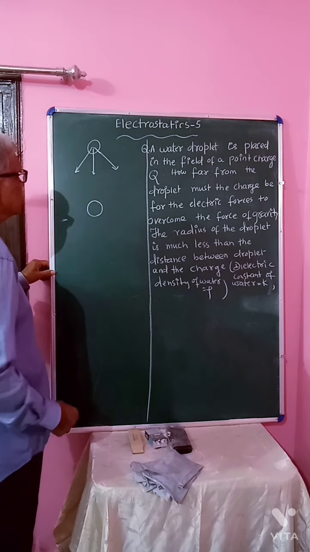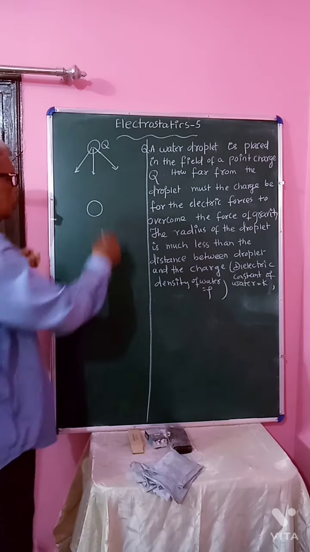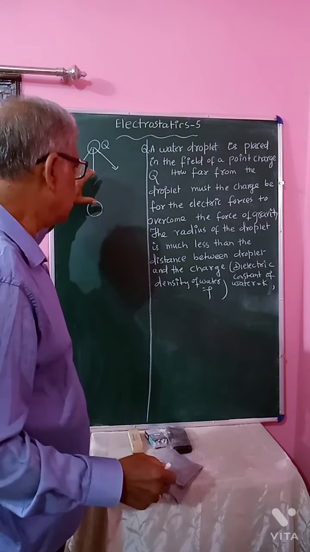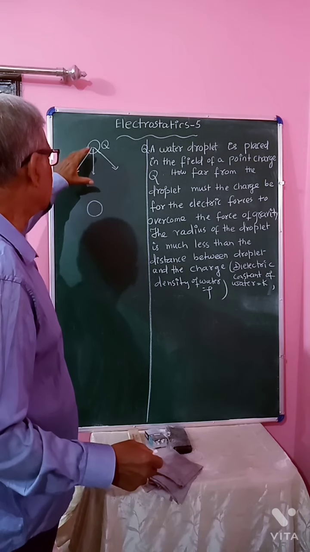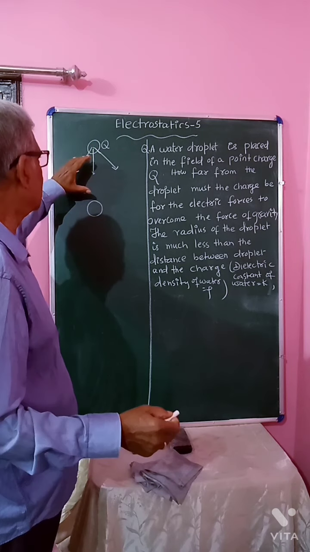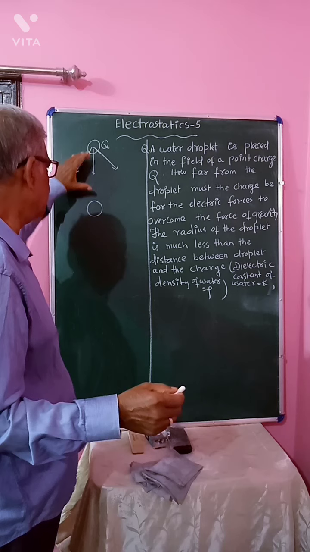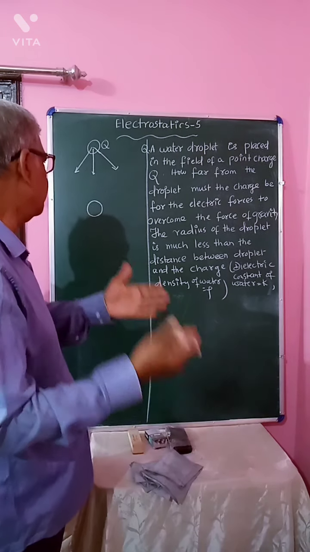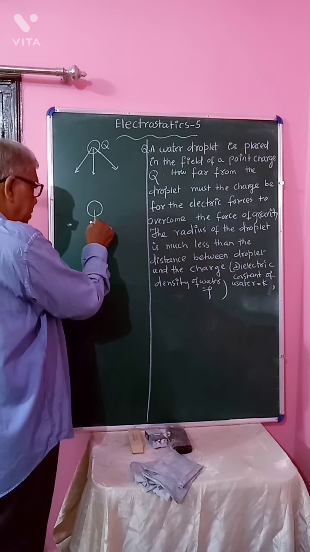Now, we have to find out what is the distance so that the electric force or electrostatic force exerted by the charge Q on this water droplet will overcome the force of gravity.